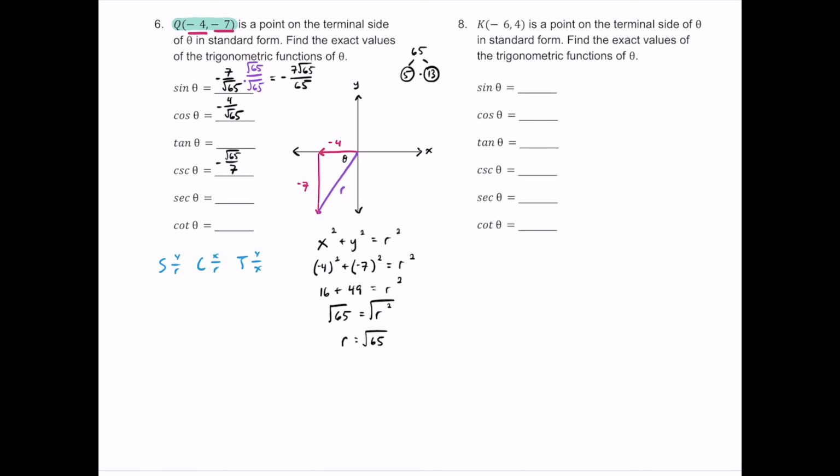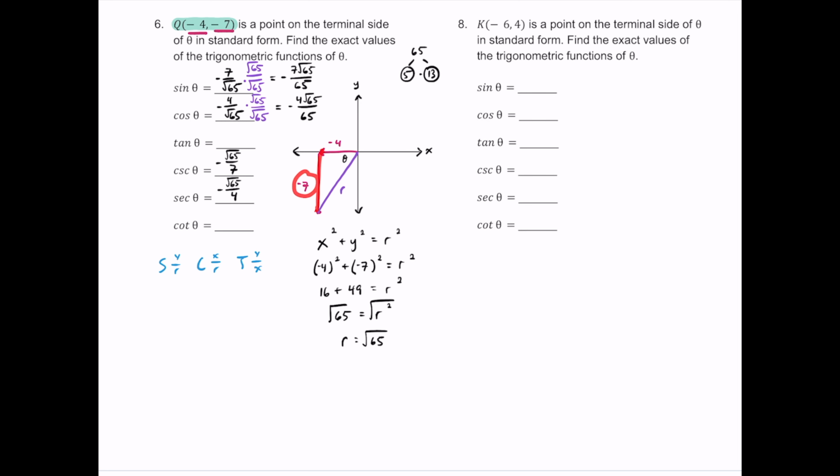Which means that for secant, that's just going to be -√65 over 4. One of them we have to rationalize, so for this, just like sine, we're going to do the same thing here. And if we multiply that, it looks like we're going to get -4√65 all over 65. All right, we'll leave it at that. Finally, for tangent, tangent's going to be y over x.